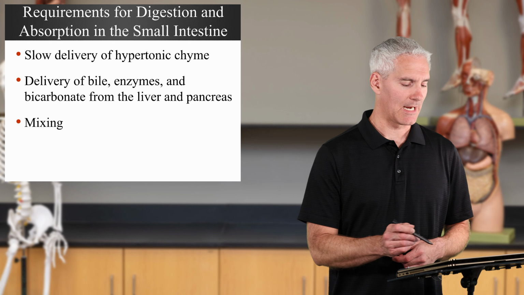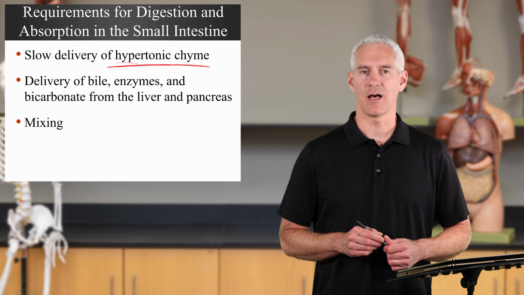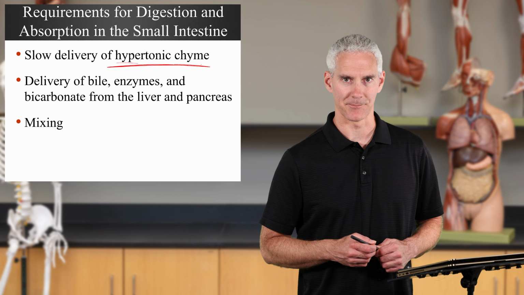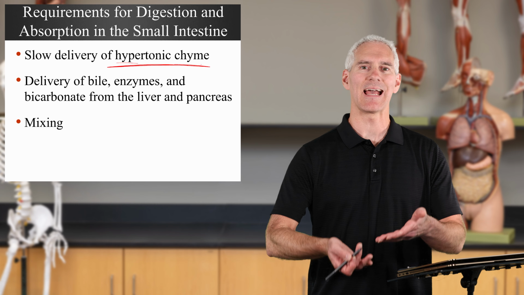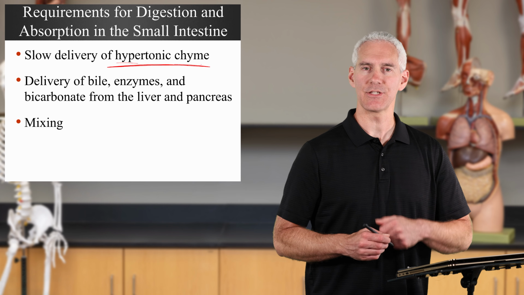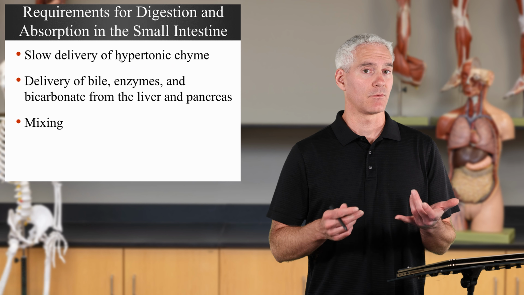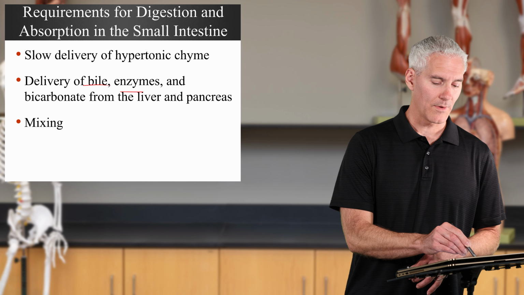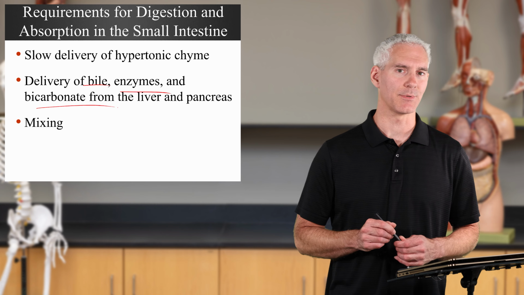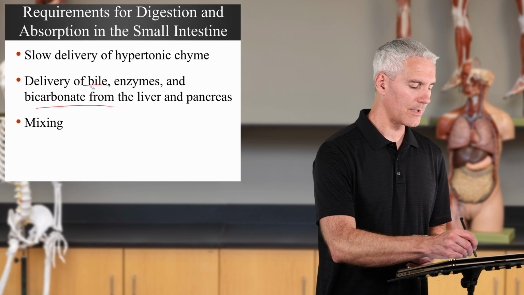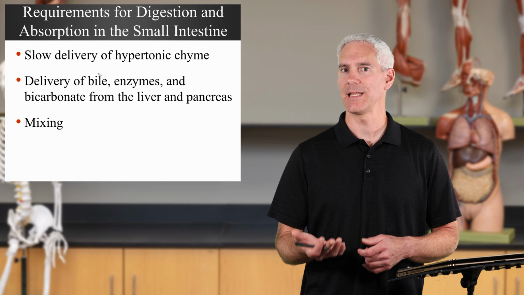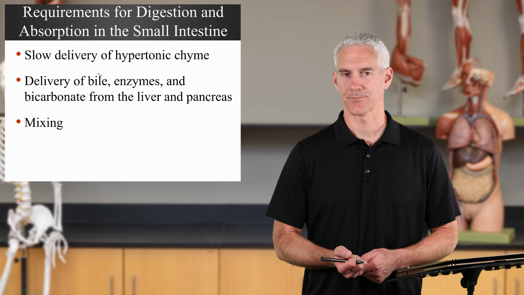So what's going on here now is we have this slow delivery of this hypertonic chyme. So this is what's coming out of the stomach going into the small intestines. That needs to mix with bile, with enzymes, and with bicarbonate. Now all three of those are coming from a combination of the liver and pancreas.